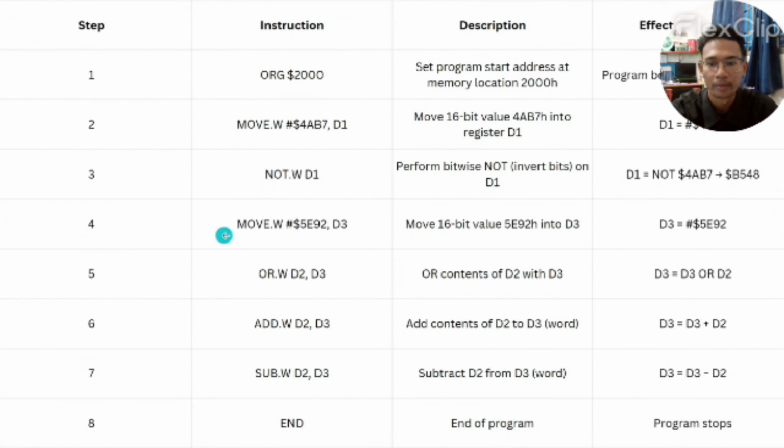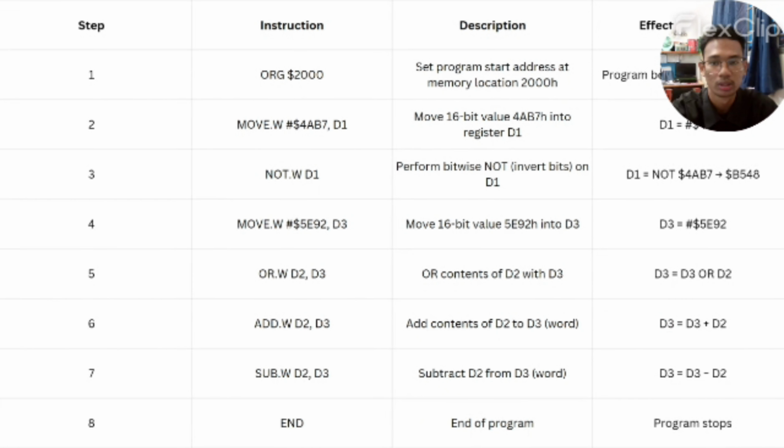Step number 4, the instruction is MOVE.W #$5E92, D3, and the description is to move the 16-bit value 5E92H into D3. The effect on the register is D3 equals #$5E92. So the program will automatically stop. So that's the explanation for question 1.